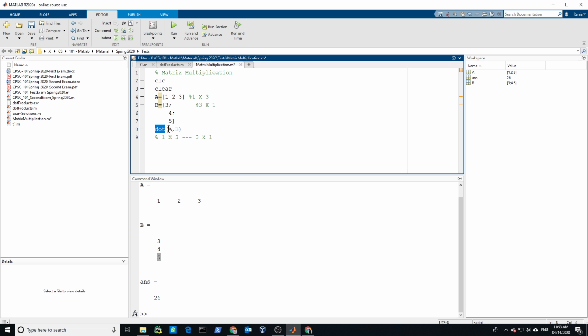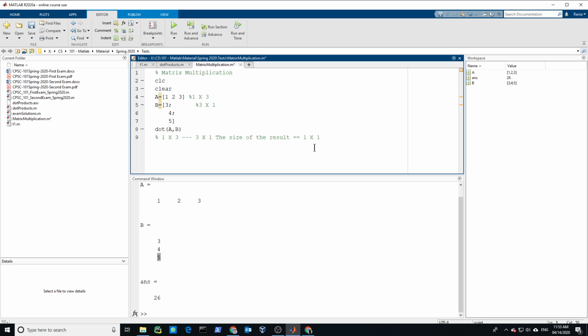So we could replace this with, you know, the result. So this is the first one, and the size of the result equals the number of rows of the first one and the number of columns of the second one. So 1 times 1, the result is 1 times 1.